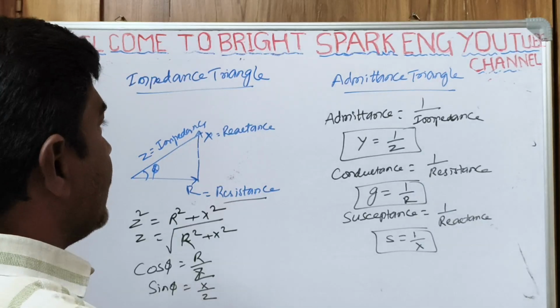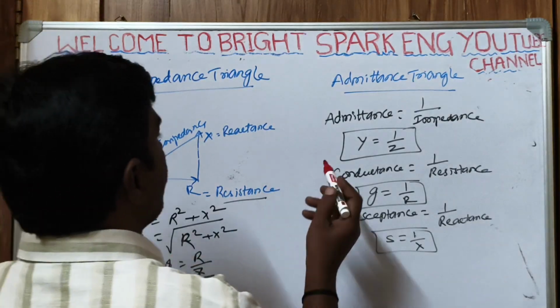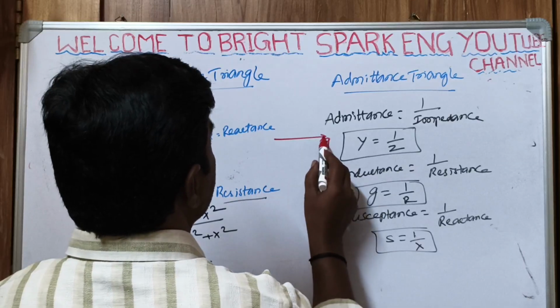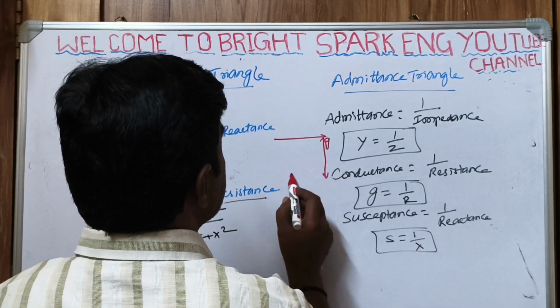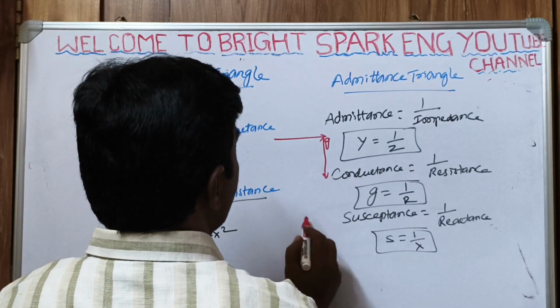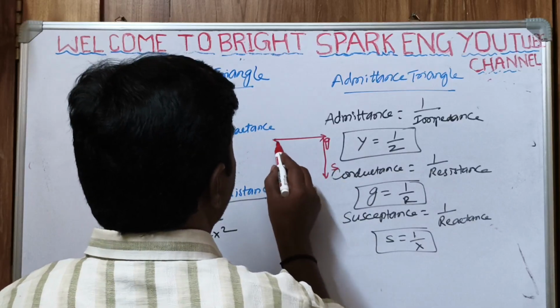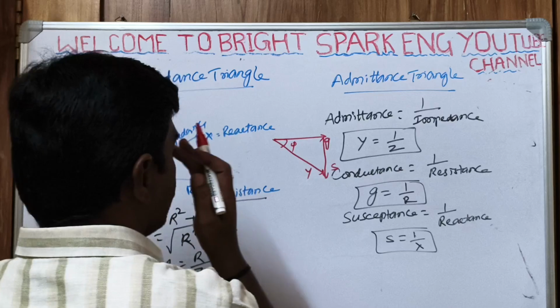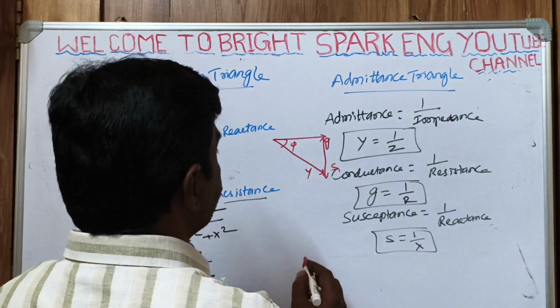Here in the admittance triangle, this is G, conductance, here is susceptance, here is admittance Y, this is phi.